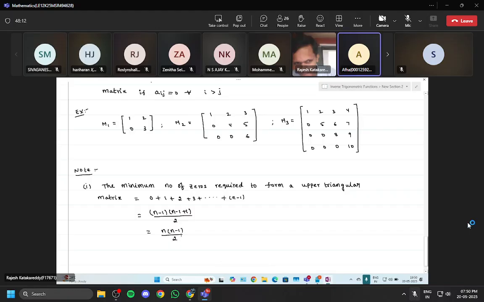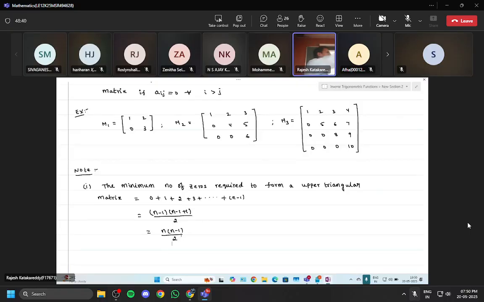So could you please explain that note first point? This is the first point. You have some doubt in this? No, sir, could you please explain it again? See, in note point number 1, I am asking what is the minimum number of zeros required to form an upper triangular matrix, or a lower triangular matrix. So how am I calculating? I take a matrix of order n by n. I see the first row.